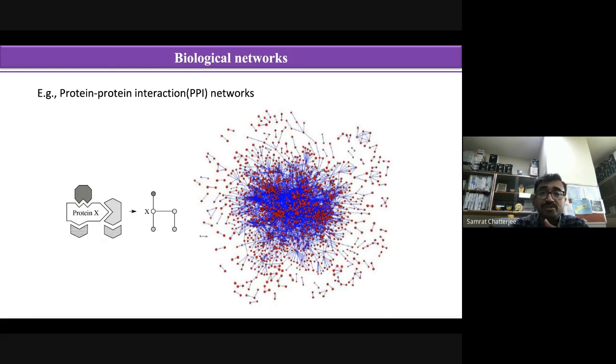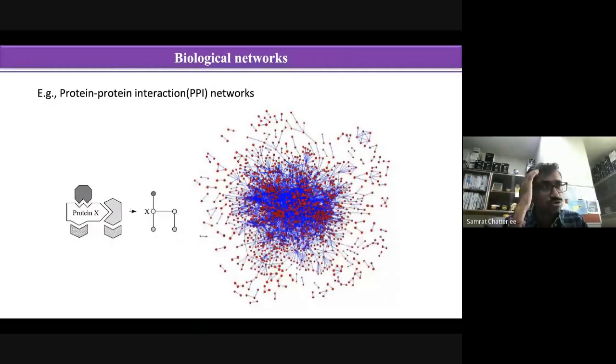As I told you, for example, take the protein-protein interaction network. Here is how two proteins interact with each other. Let me give you a little bit of biological background, because this might be new for you. When a protein works, or how the cell works, is that proteins interact with each other.